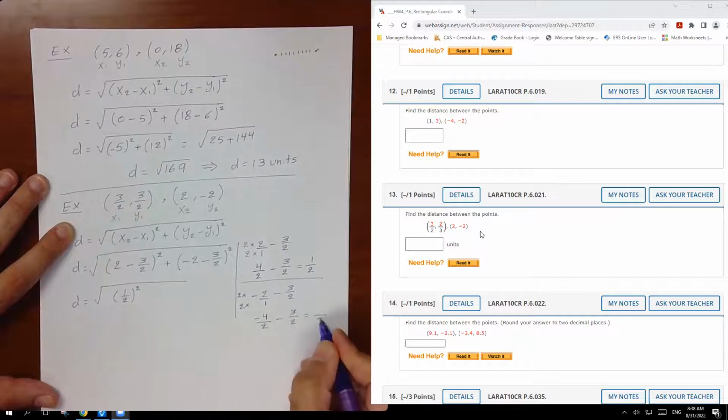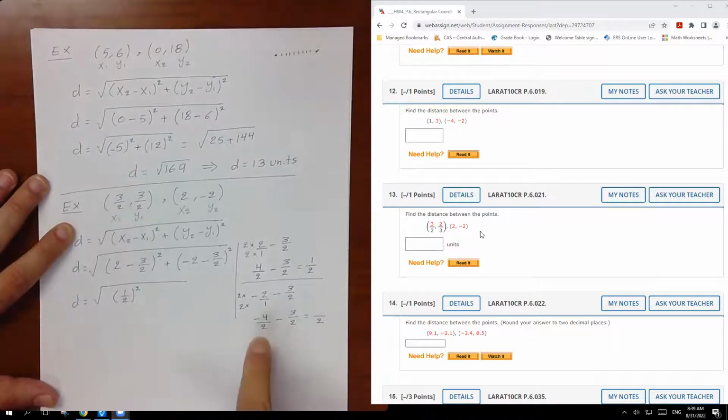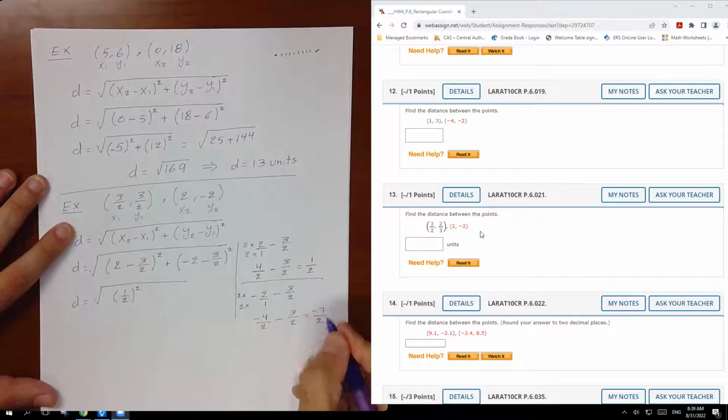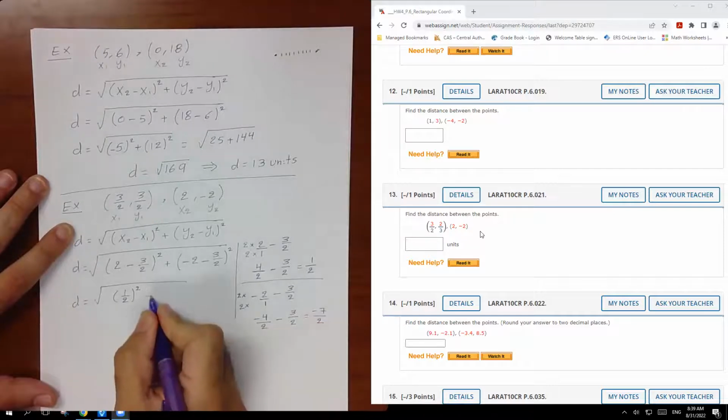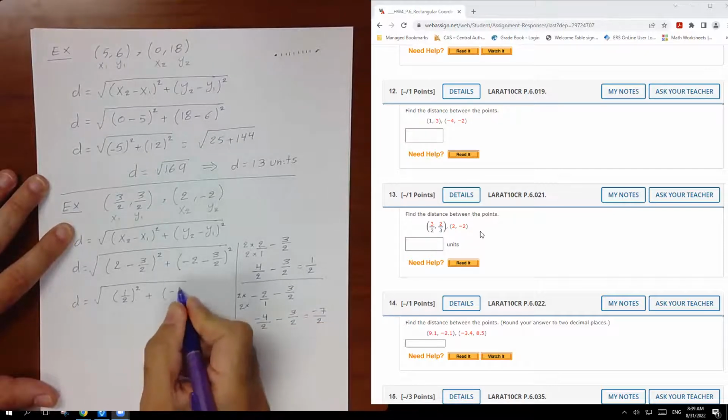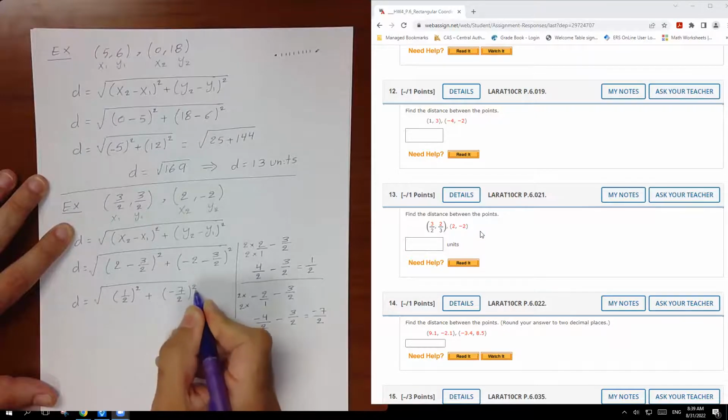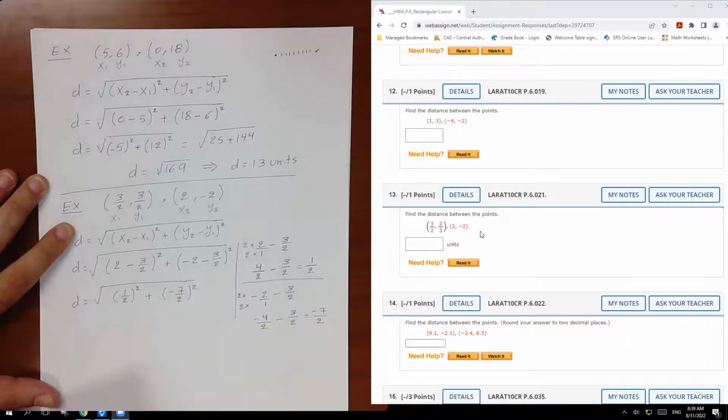Here the denominator is the same. Now negative 4 minus 3 is going to be negative 7. So that means this is a plus negative 7 over 2 squared. So I'm done with adding the number with the fraction.